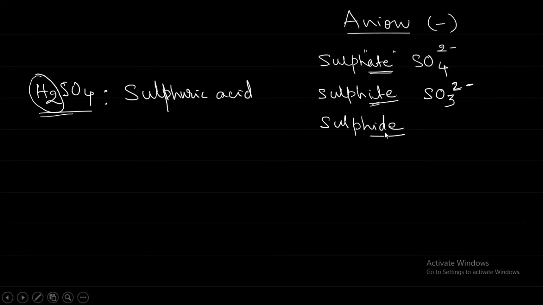Sulfate, sulfite, sulfide. For sulfide, ide is something like died, so no more oxygen is there. S 2 minus. Sulfate, sulfite, sulfide. This is very important actually. Whatever this list of common electrovalent negative ions, acid radicals, and positive ions, the cations, we should practice every day, at least initially.